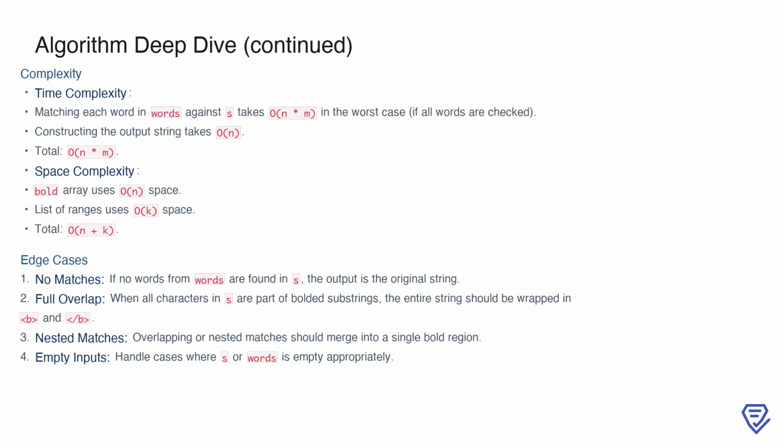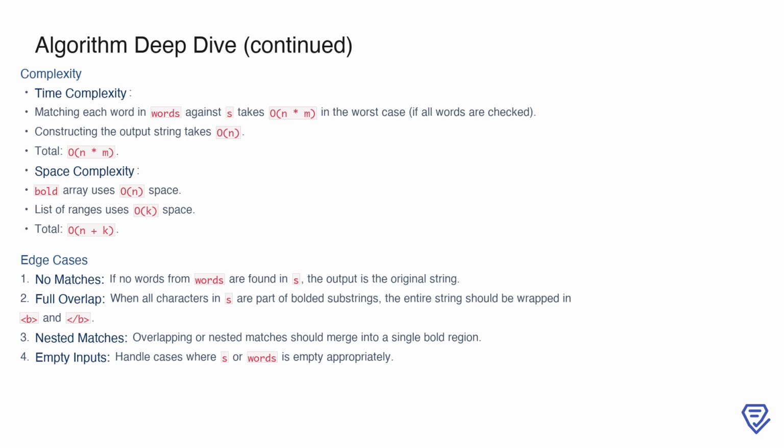Constructing the output string involves iterating through the bold array and inserting tags at the identified ranges, which takes O(n) time. Therefore, the total time complexity is O(n * m). For space complexity, the bold array requires O(n) space, and the list of ranges requires O(k) space, where k is the number of bold regions. Thus, the overall space complexity is O(n + k).